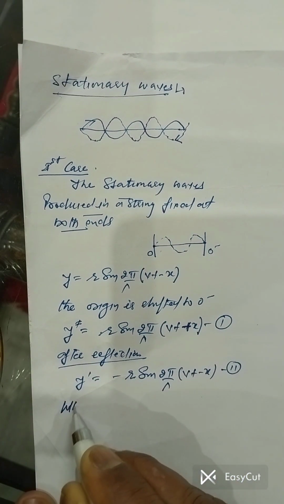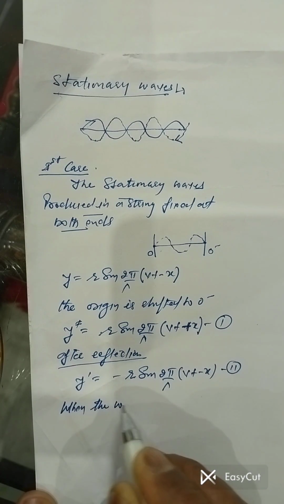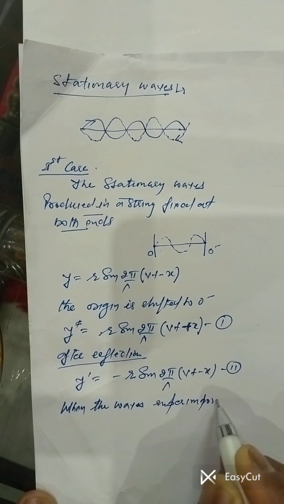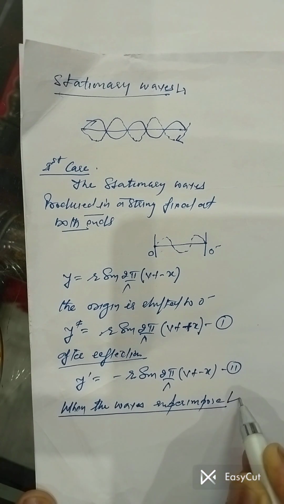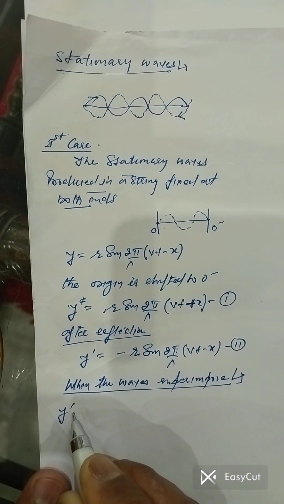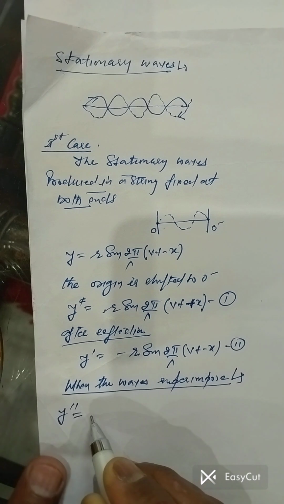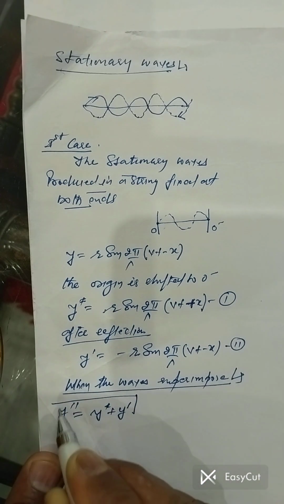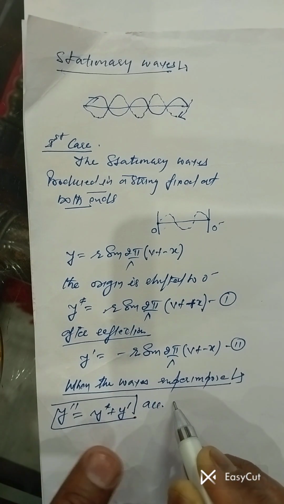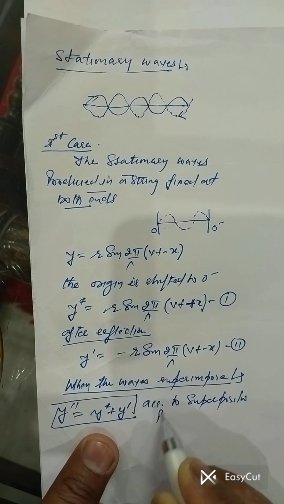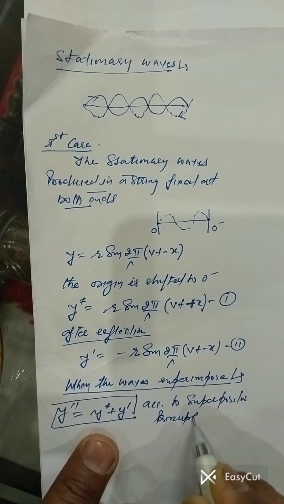Now when the waves superimpose on each other to produce the stationary waves, I can write here the final displacement will be y double dash and it is equal to y dash plus y, according to the principle of superposition of waves.